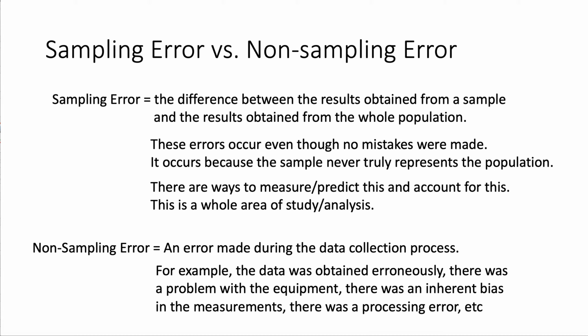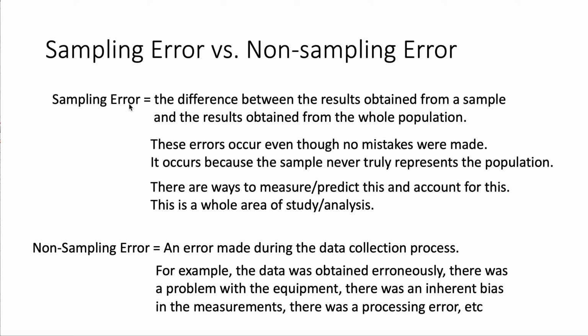So yeah, crazy things like that. Also processing errors. Again, this could be a rounding error, or you use the wrong formula or something like that, okay? So that's sampling error and non-sampling error.